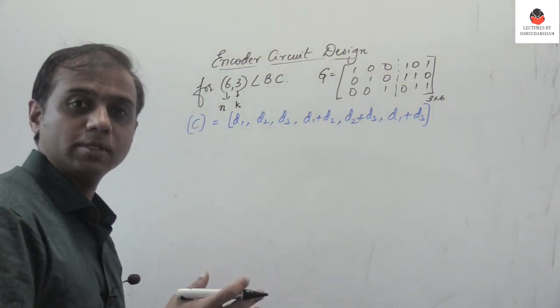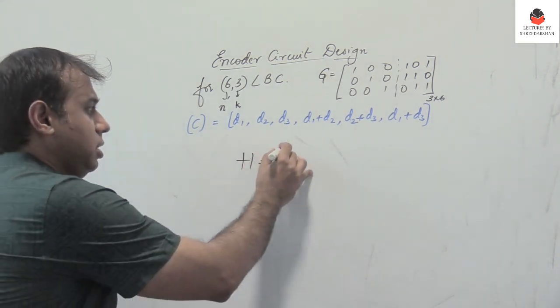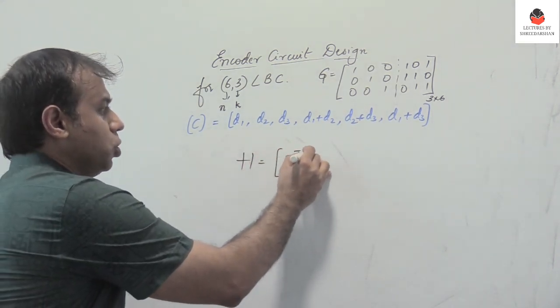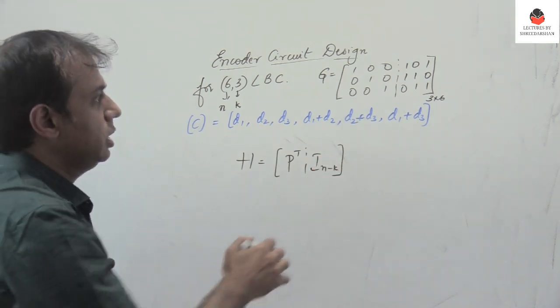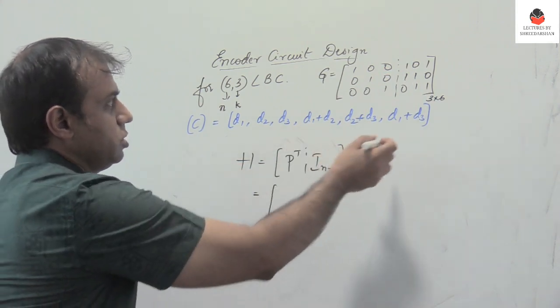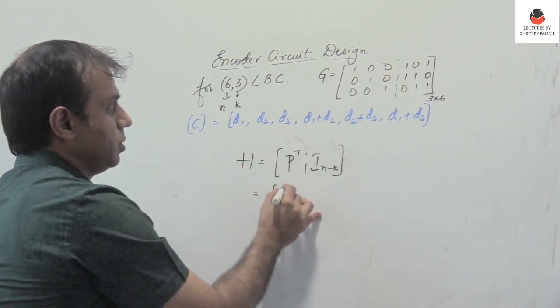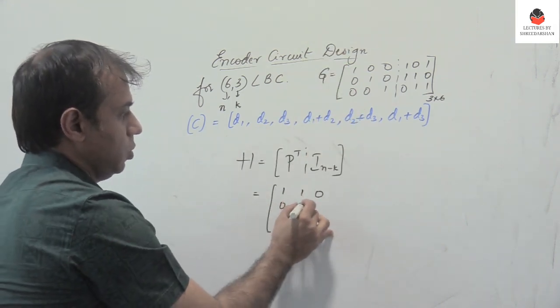Now let us also design the parity check matrix. The parity check matrix H is nothing but P transpose and I(n minus k). Here this is the P matrix, so we need to take the transpose. The columns will become rows. So it is 1 1 0. The second column will become the second row, 0 1 1.